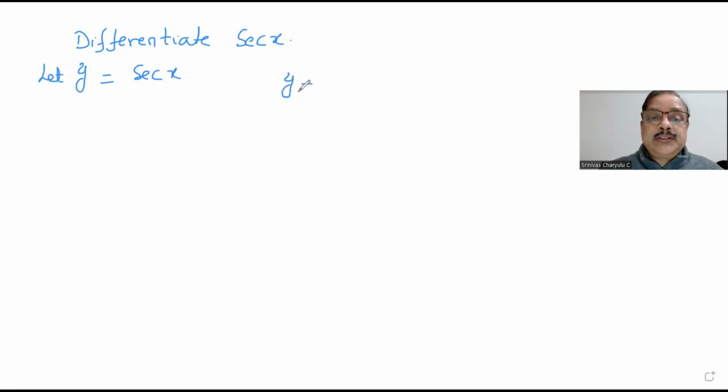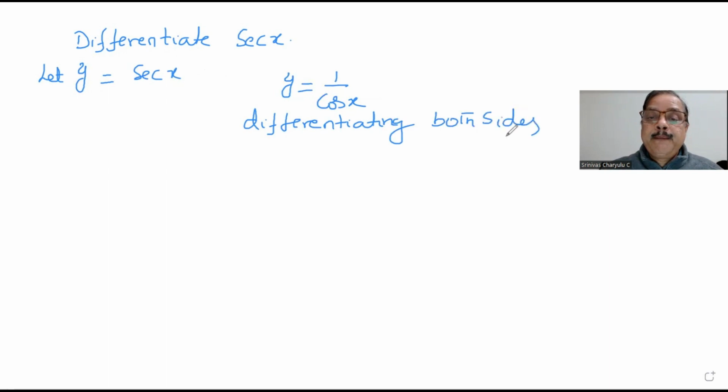We all know it is reciprocal of cos x. y is equal to 1 over cos x. Secant x means 1 by cos x. So if you apply differentiating both sides with respect to x, then dy by dx is equal to d by dx of 1 by cos x.